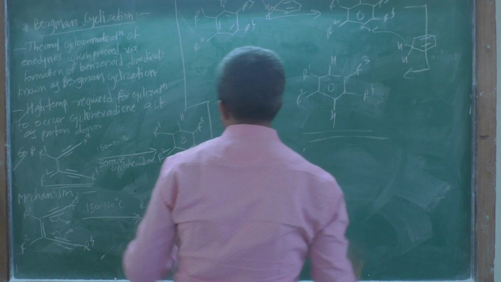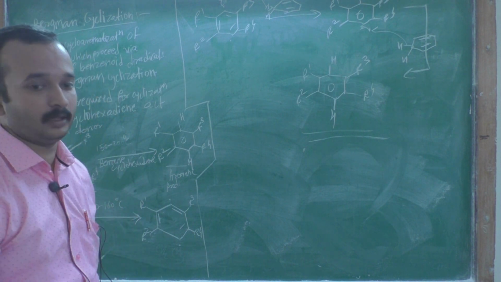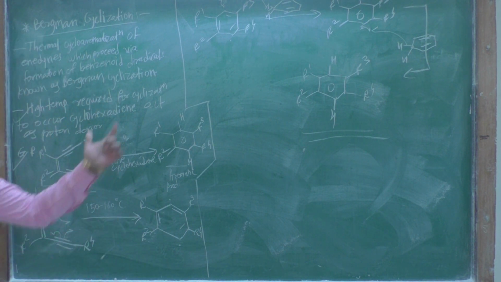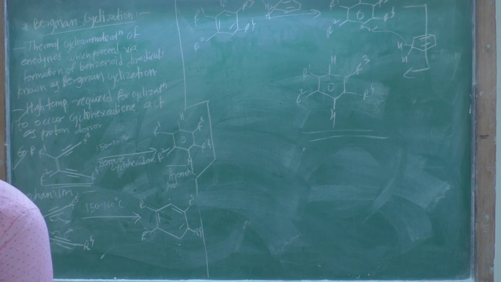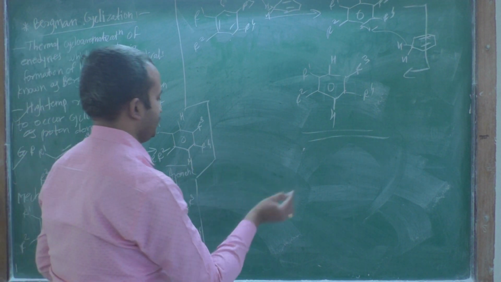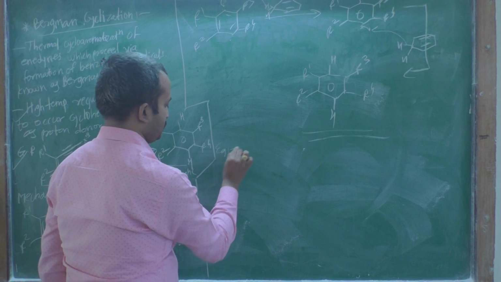This is the product of the Bergman cyclization reaction. So this is the mechanism, and now some examples of this Bergman cyclization. Write down, that is the first one.